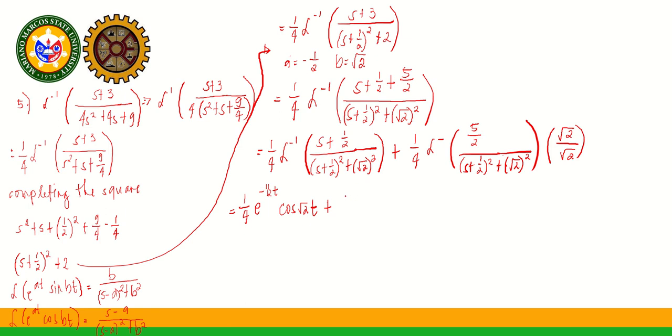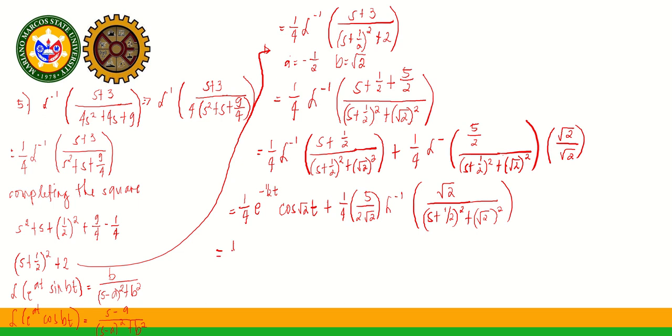So, this will be equal to 1/4 times 5 over 2 is square root of 2 multiplied by, times the inverse Laplace of square root of 2 over s plus 1 half quantity squared plus square root of 2 and then squared. So ito, kamukha na niya yung ating Laplace transform of e raised to at sine bt because the b here is identical to what the b here is.